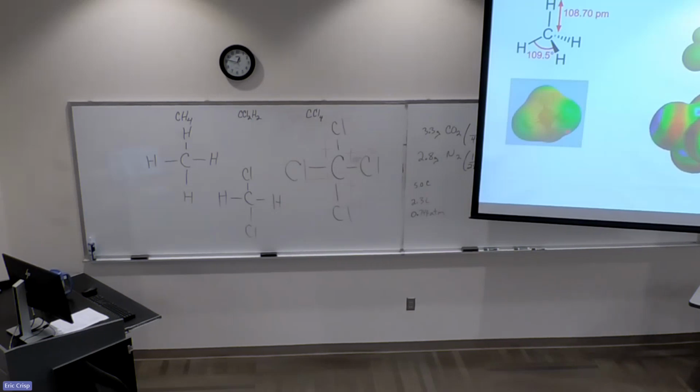The net force is going to be zero, because it's all balanced. So far, so good? So this is, in fact, a non-polar molecule, even though the individual carbon to chlorine bonds are very polar. It's just that this happens to be one of those special cases where they perfectly balance it. So far, so good.